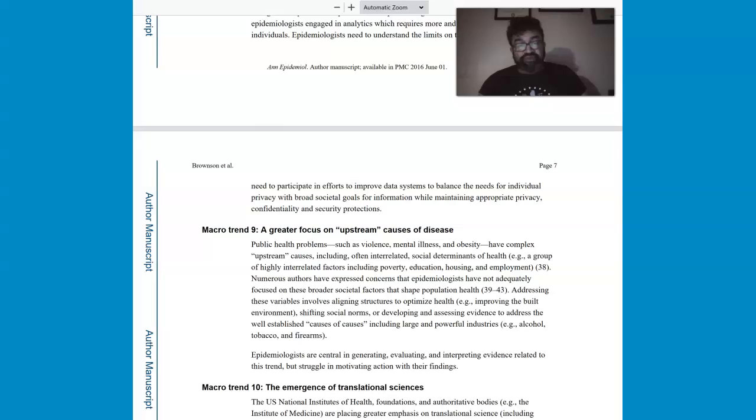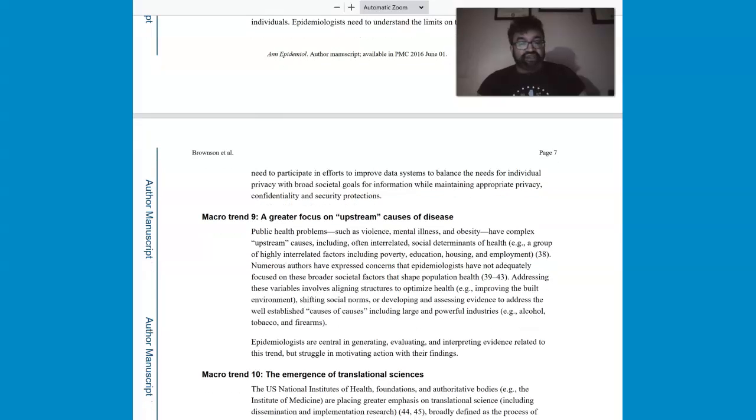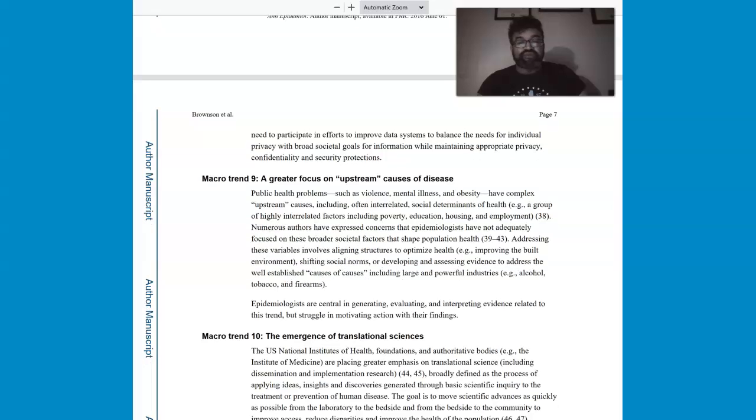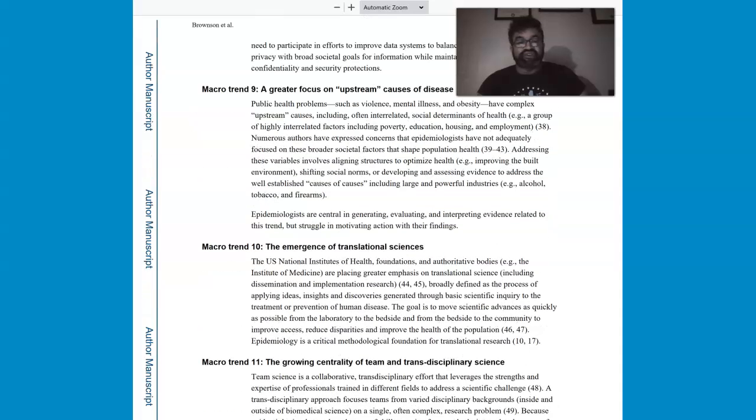Intersectionality, housing, employment, missing basic needs. There are concerns that epidemiologists have not adequately focused on a lot of these things. So getting to the cause of causes, shifting social norms, understanding all of these is very important.